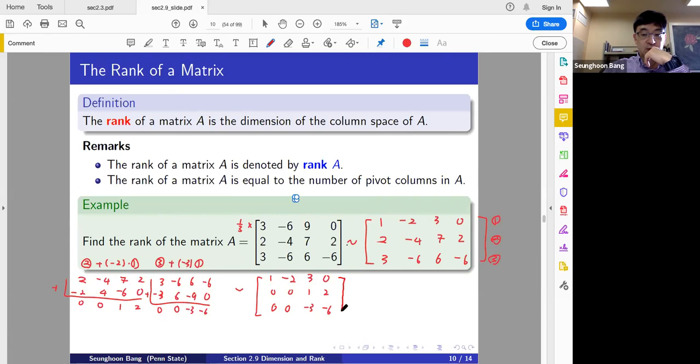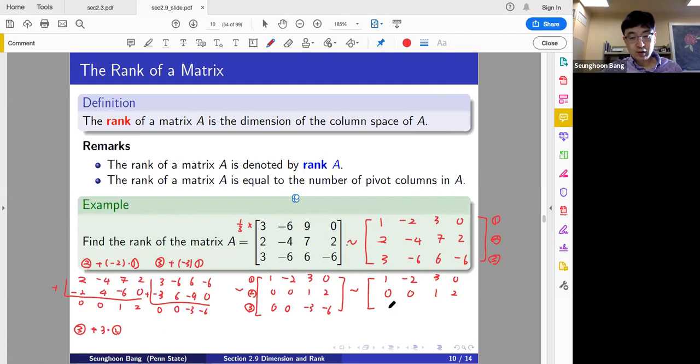Next, you can keep the first row, and the second row 0, 0, 1, 2. Then you can eliminate -3 by using the second row. So exactly, you calculate the third row plus 3 times the second row.